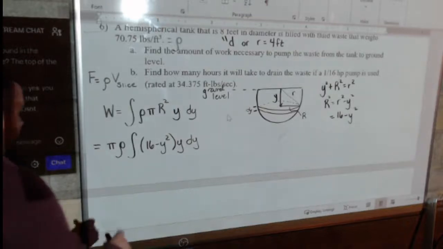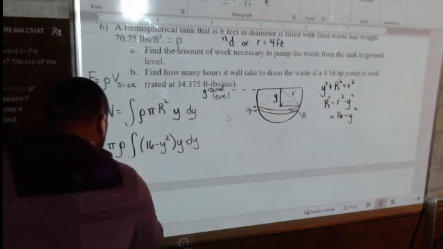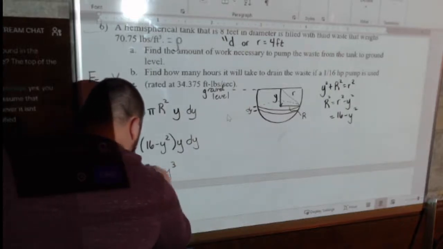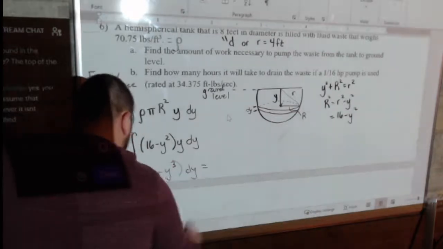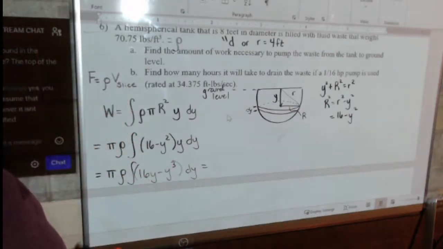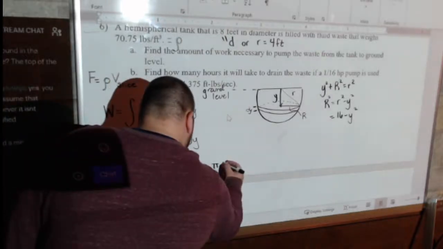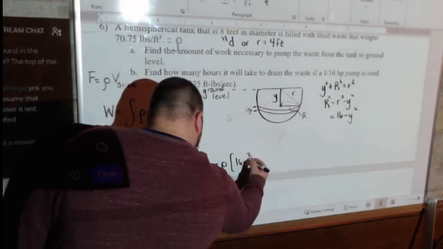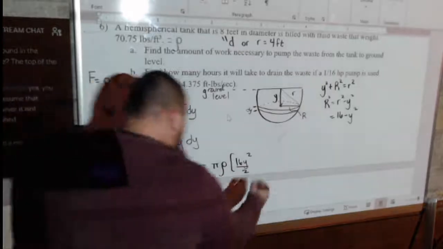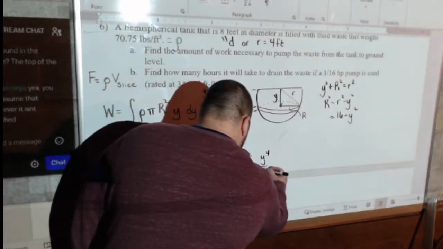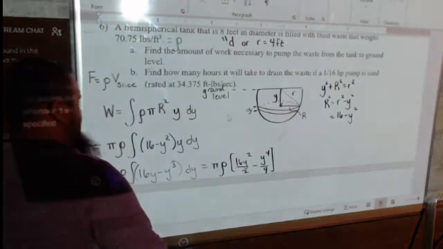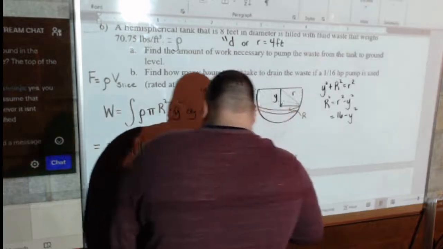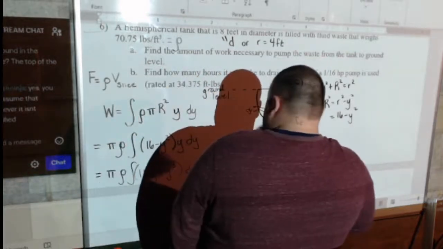Okay, so that is 16y minus y cubed in there. Integrating this is 16y squared over 2 minus y to the 4th over 4. That reduces to pi rho. Let me go ahead and get my bounds as well.